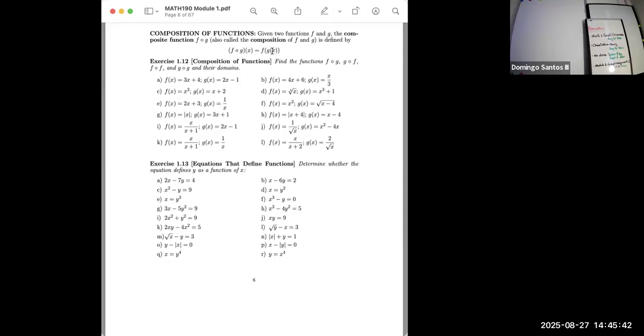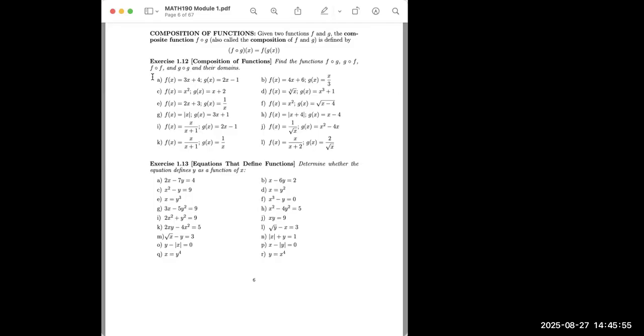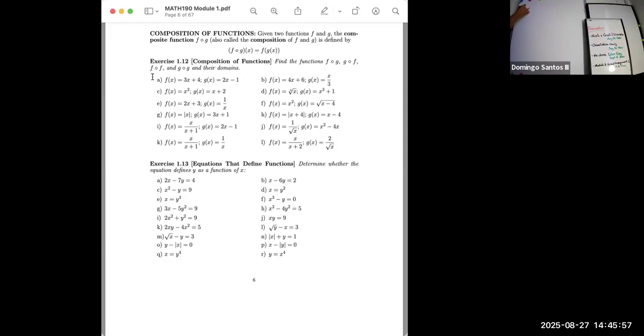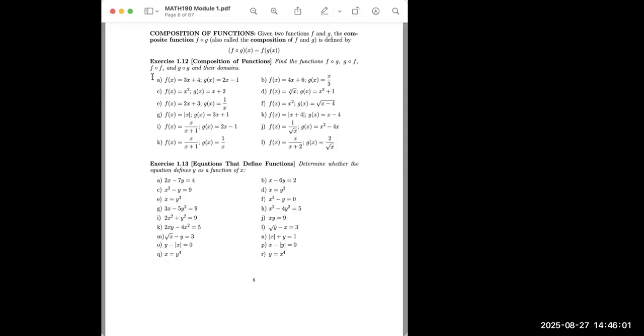So let's do letter A, and let's do f circle g and g circle f. Can you read letter A, Leonardo, please? f of x equals 3x plus 4. g of x equals 2x minus 1.